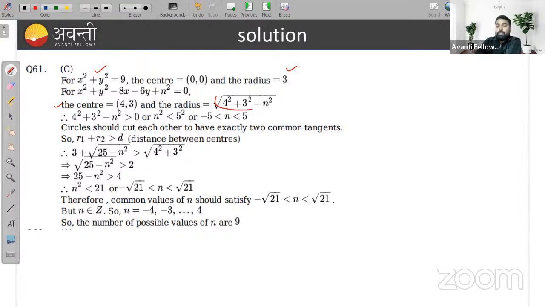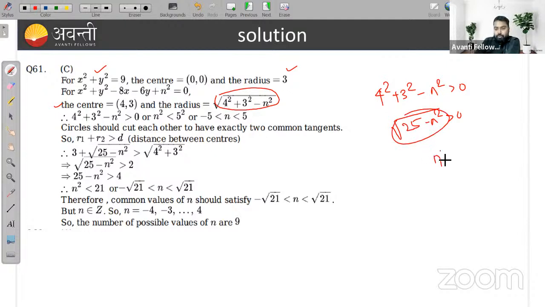Already I told you recently, for this to be defined, 4 square plus 3 square minus n square must be greater than 0, and 4 square is 16 plus 9, that is 25 minus n square must be greater than 0. n square must be less than 5 square, because if n square is greater than 25, then the inner part of the under root will be negative, and then the under root will not be defined. So n must lie between minus 5 to 5.